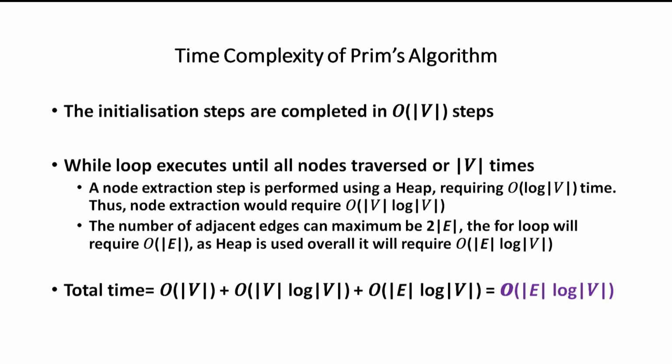If it has 10 vertices, the outer loop will be executed 10 times. And while executing the outer loop, every time an extraction will be performed using a heap.